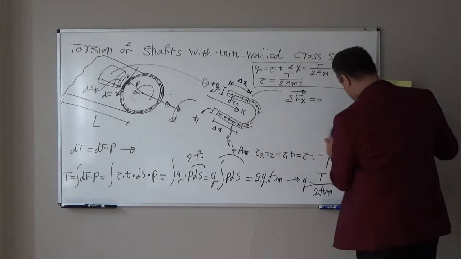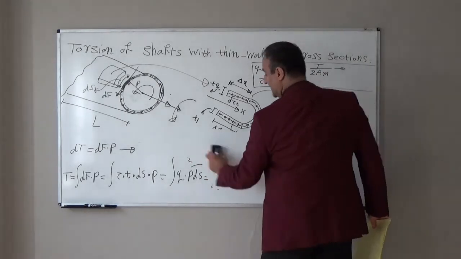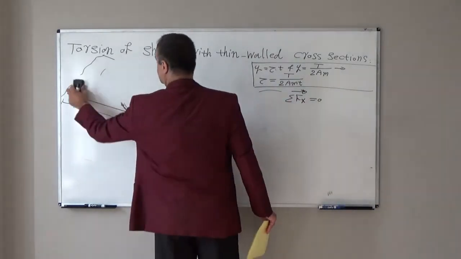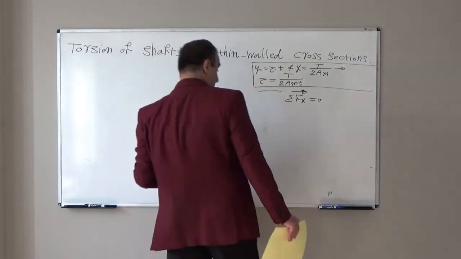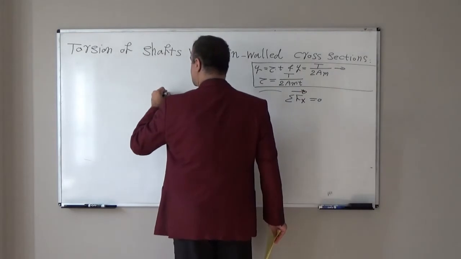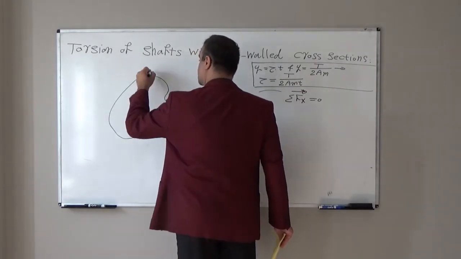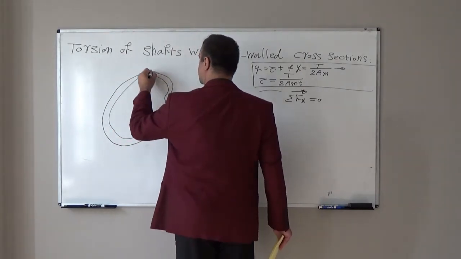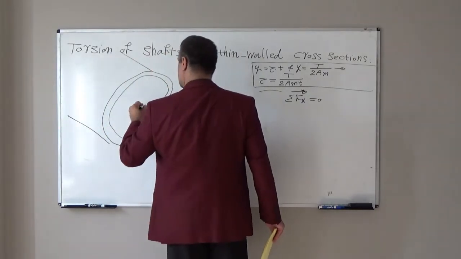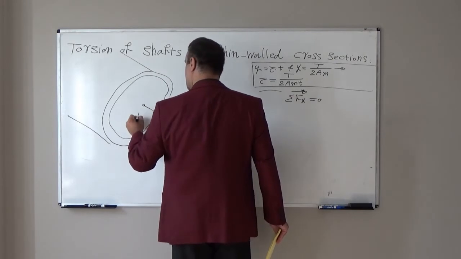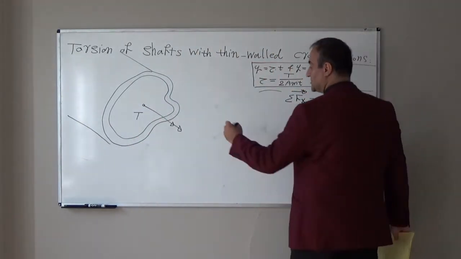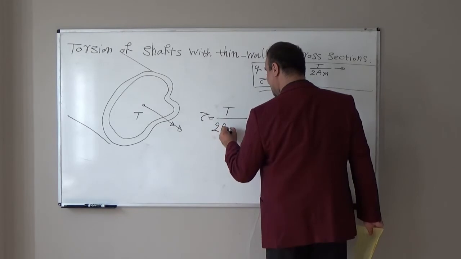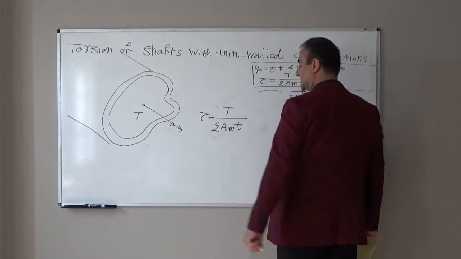So finally, if I summarize everything, if I have a shaft with a thin-walled cross-section, something like this, and we apply torque T, the shear stress is equal to torque divided by 2 AM times lowercase t.